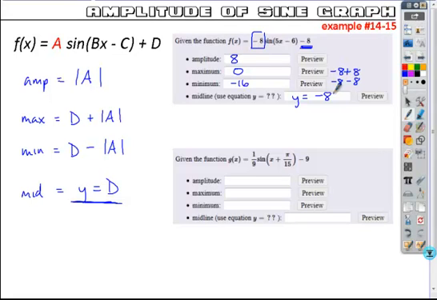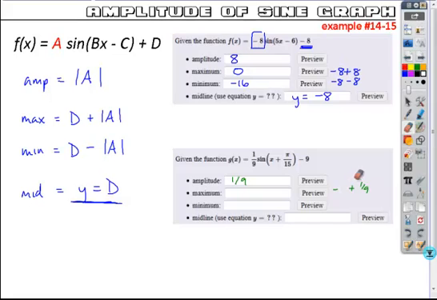Okay, so I want you to answer the second part here on your own. The amplitude here is just the absolute value of the multiplier in front, so you can leave it as a fraction, 1/9. The maximum is going to be our midline, negative 9, plus our 1/9. In order to get your total form here, what you need to do is turn this vertical shift into ninths.